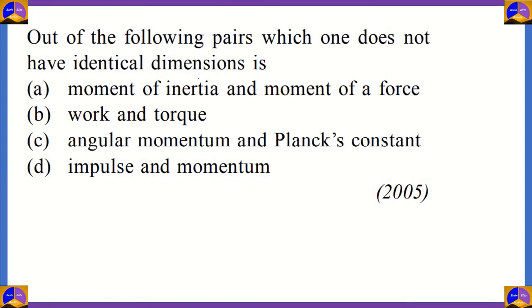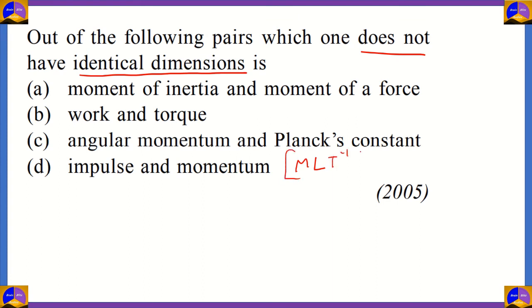Next question. Out of the following pairs, which one does not have identical dimensions? So which of these have different dimensional formulae? Let's find out. Option D is impulse and momentum. These have the same formula, which is MLT power minus 1.